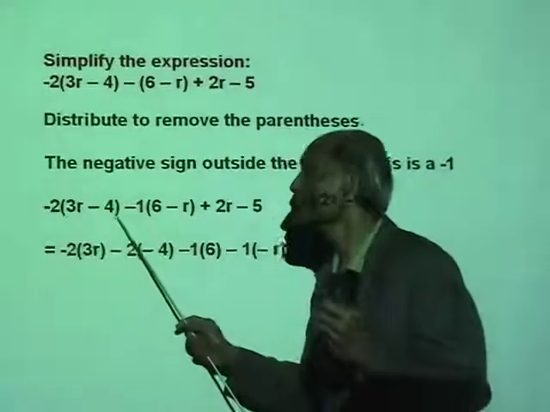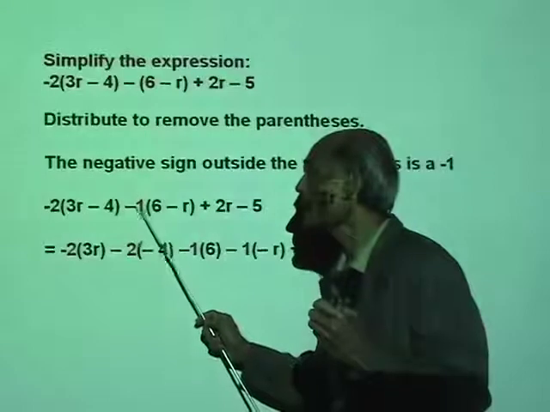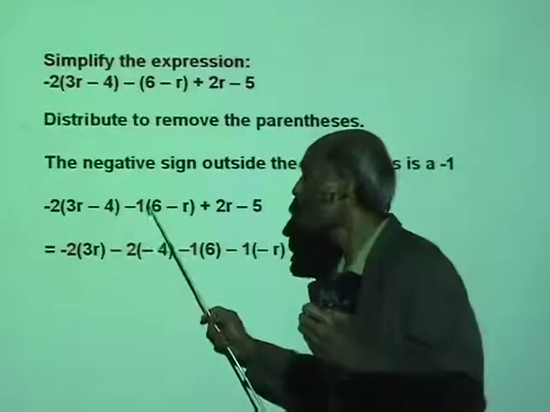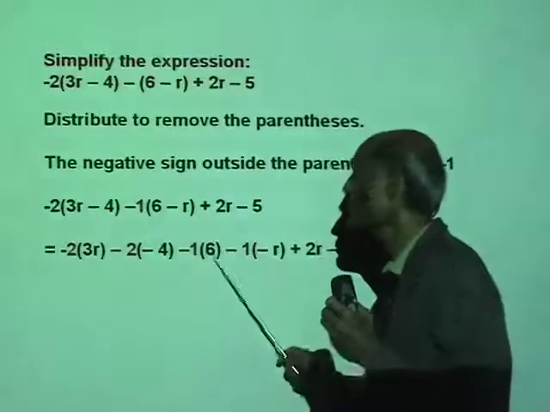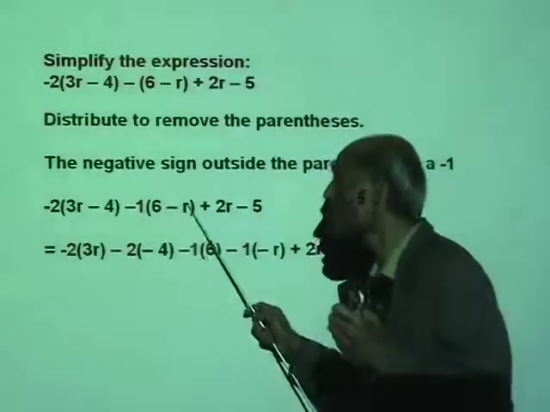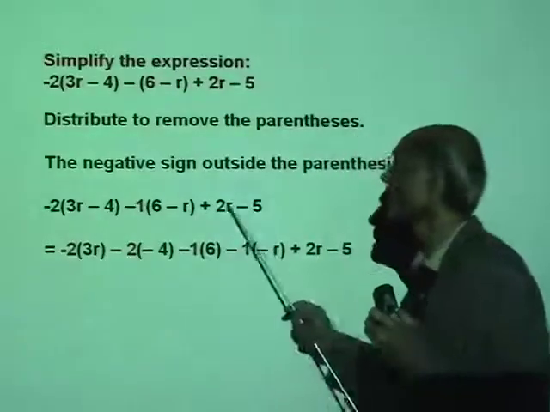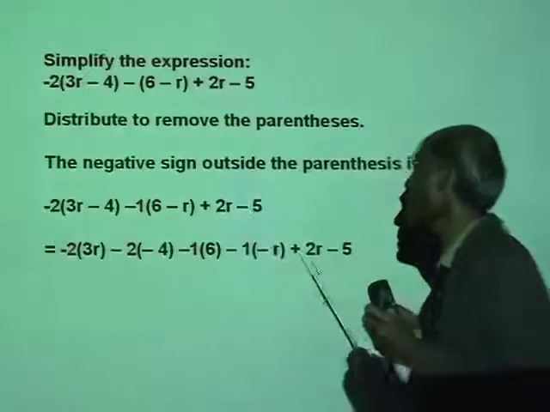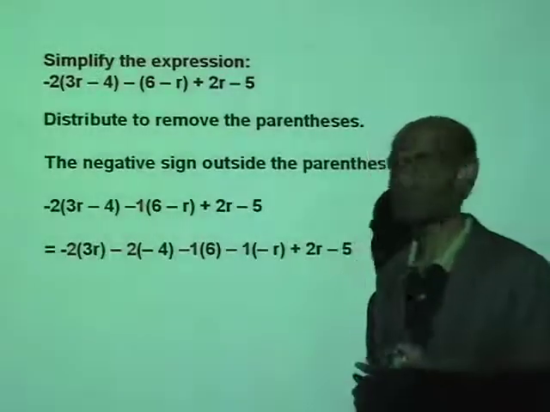We finished with this. Let's now distribute this negative 1. That will be negative 1 times 6, and negative 1 times negative r, and plus 2r minus 5 will remain as they are.